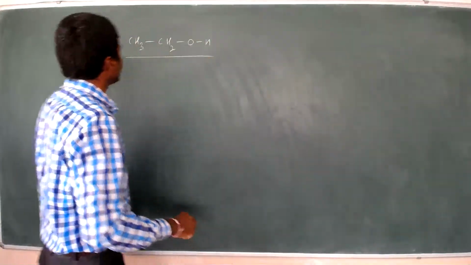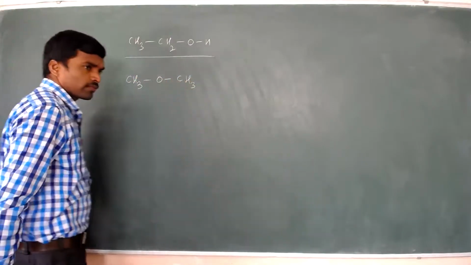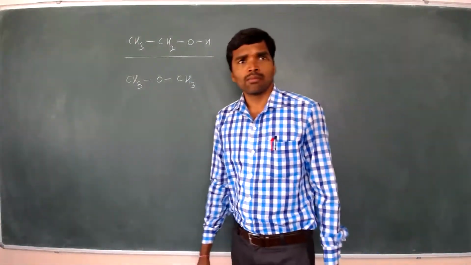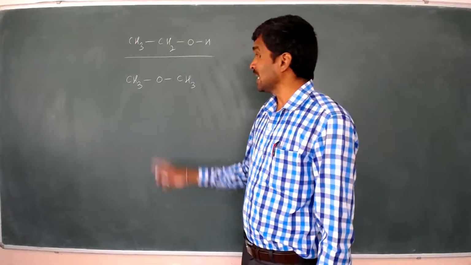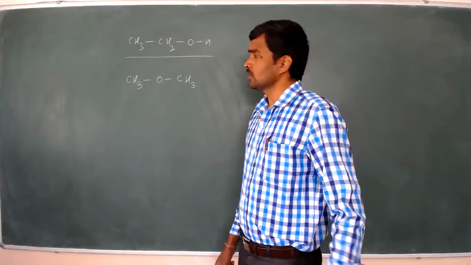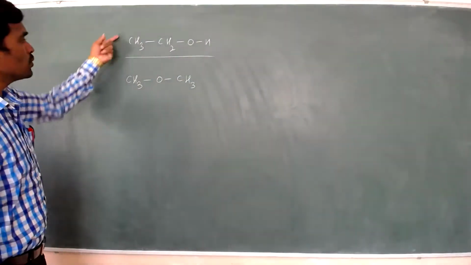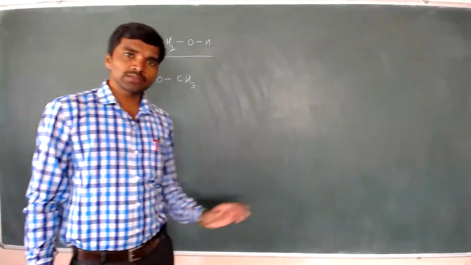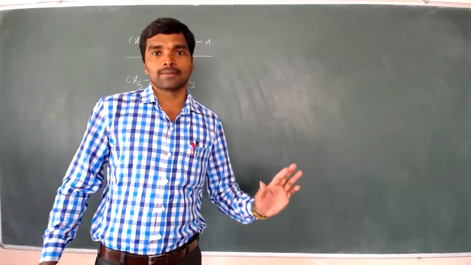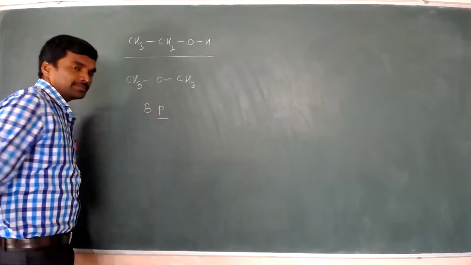Ethyl alcohol exhibits functional group isomerism with the ethers. So now you see here, these two compounds have the same molecular formula only, but there will be a difference in the boiling point.